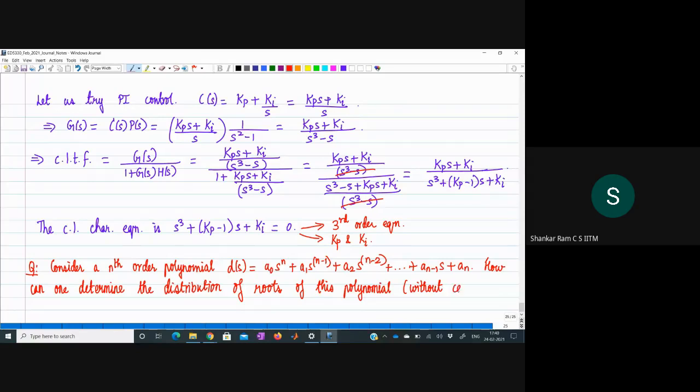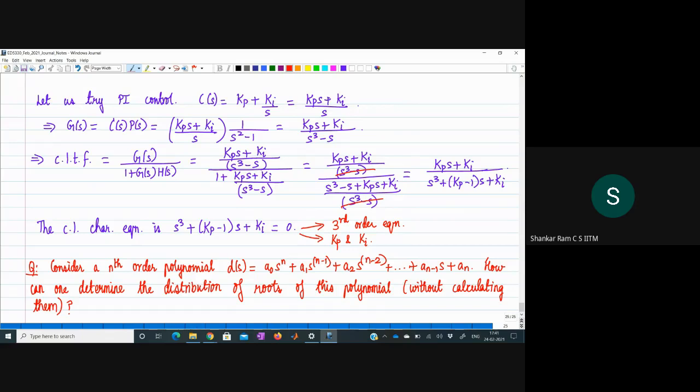So this is the main question. We consider an nth order polynomial in general. We want to find out under what conditions on the coefficients we can have all the n roots in the left of the complex plane. The more generic question is to figure out how we find the distribution of roots of this nth order polynomial without calculating them. That's important.